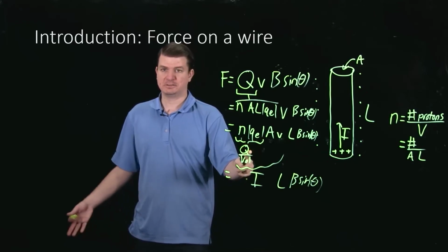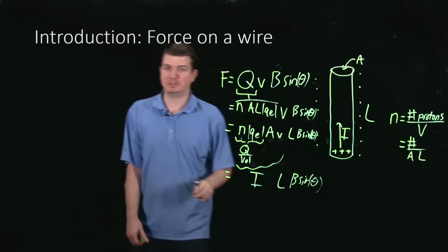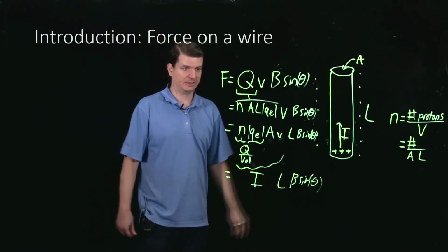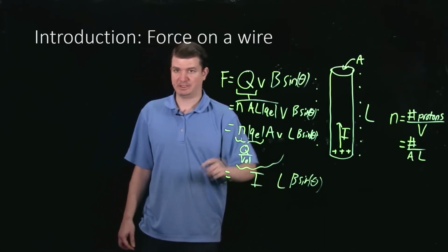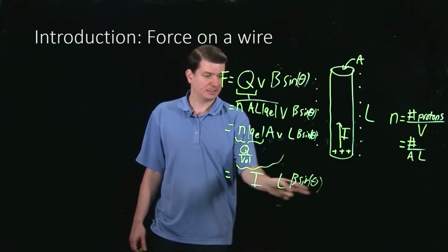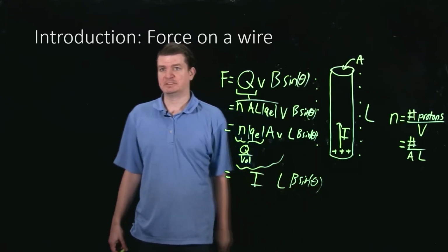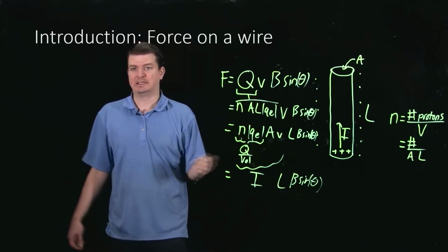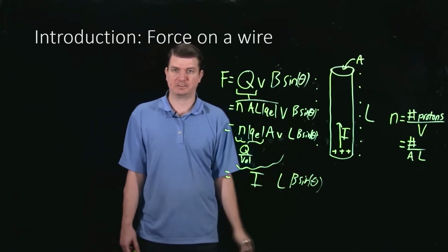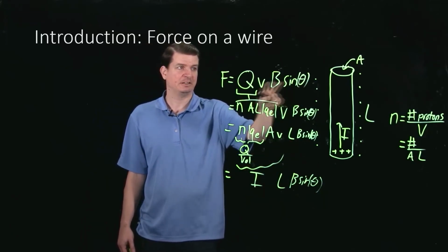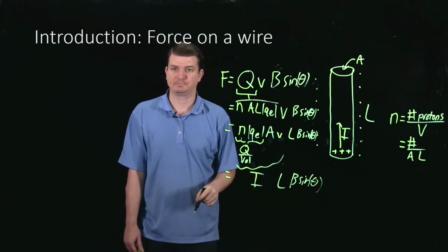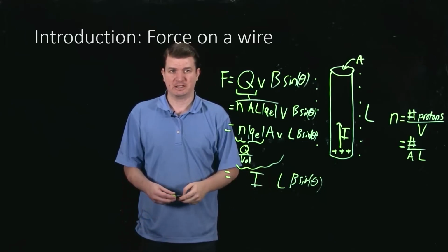The total charge is in coulombs, and the per second left over from velocity gives me coulombs per second, which is consistent with I. So just another nice check that indeed that should be the current flowing through the wire, times the length of it that's actually in the magnetic field, times the magnitude of the magnetic field, times the sine of the angle between the current and the magnetic field, because the current direction is the velocity direction. So instead of talking about the angle between v and B, we're now talking about the angle between the current and the magnetic field. Okay, so that is the force on a wire.